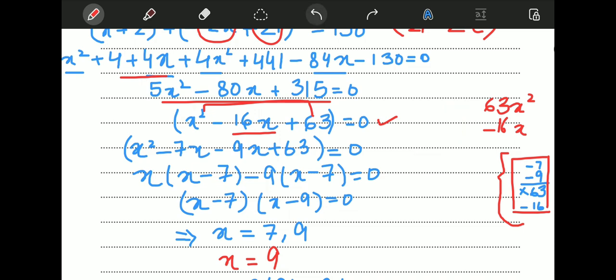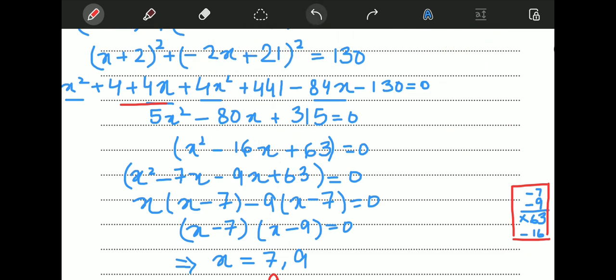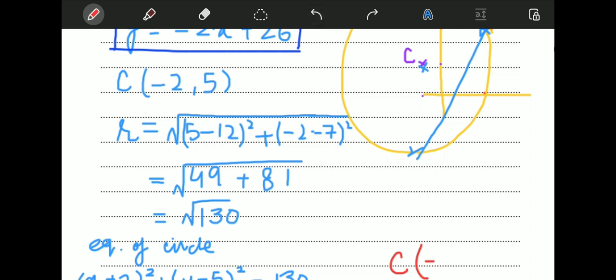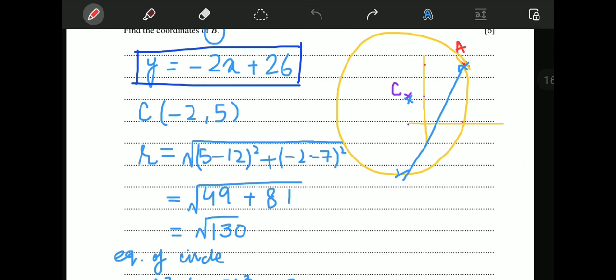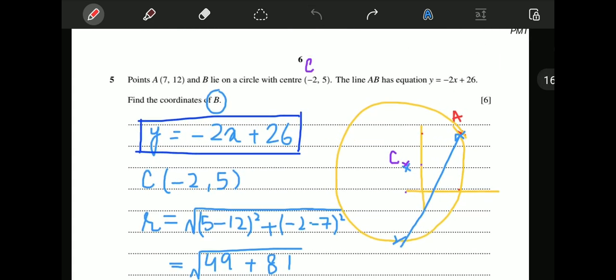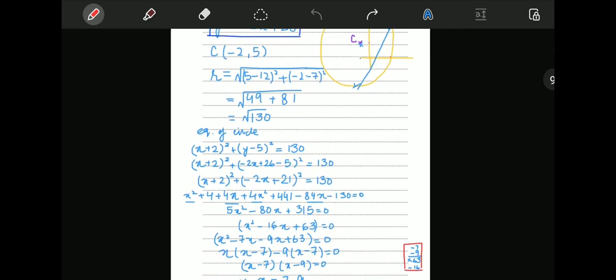Let's now see how to decide whether we are going to use the 7 or 9. So obviously we'll see from our figure as well which point will satisfy it.